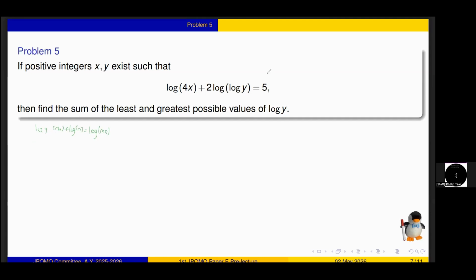You also have log of x to the m equal to m log of x. These two identities will be helpful here. Also, we're doing this in log base 10, basically saying if 10 to the x is equal to y, then x is equal to log of y.